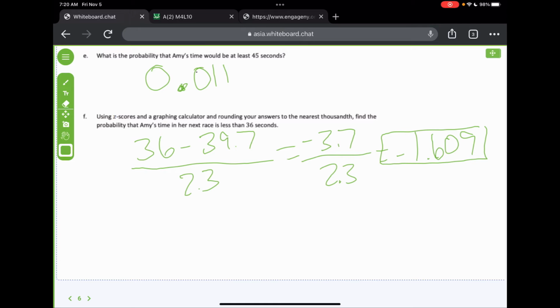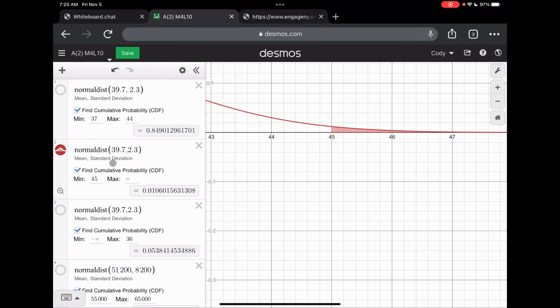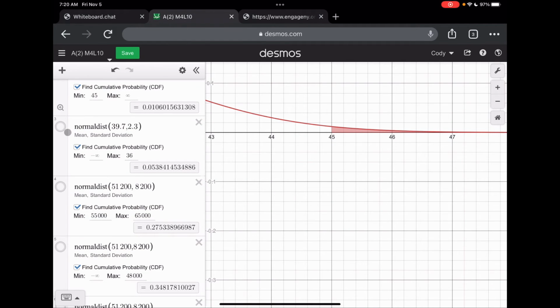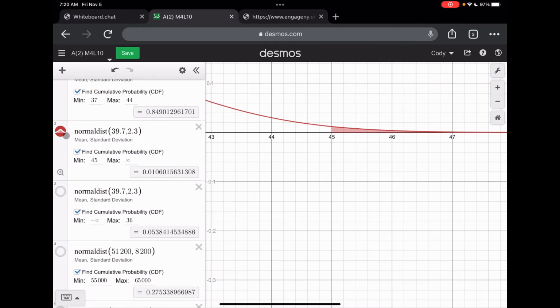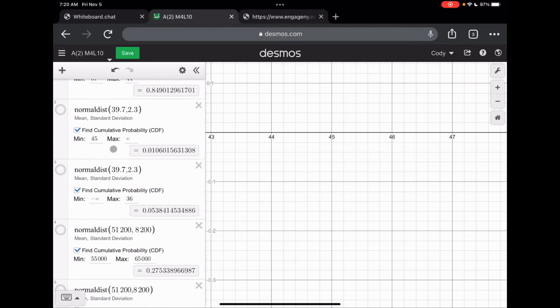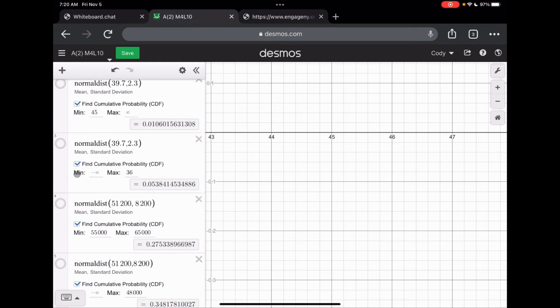And we also have to find the probability that it's going to be less than 36 seconds. So we're going to come back here. Notice on these that I do to positive infinity and to negative infinity as the minimums and the maximums. And then the max, because we want less than 36 seconds, right? Less than. This is more than 45 seconds. Less than.